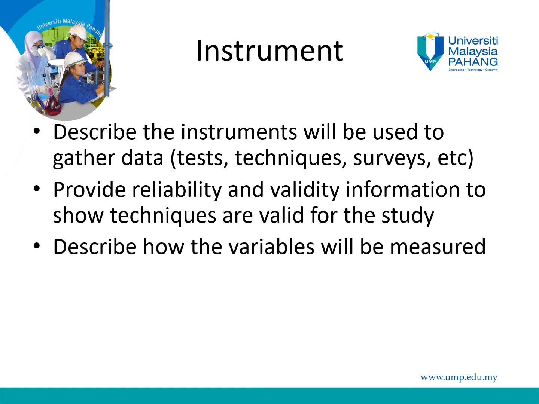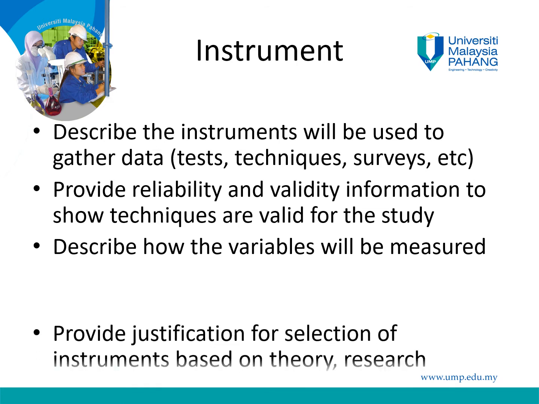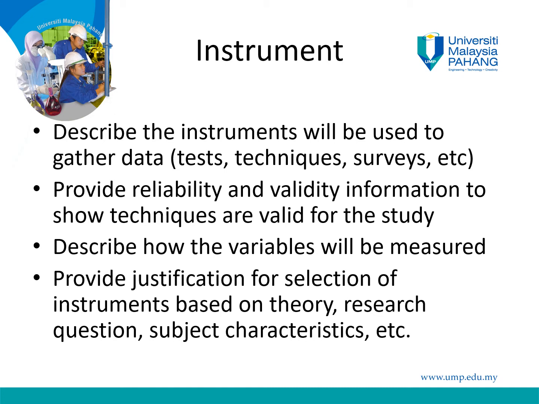And then describe how the variable will be measured using this instrument or the equipment, and provide justification for the selection of the instrument based on theory, research questions, subject characteristics, or also based on references from previous research that you have referred to. So you can use that justification to explain why you use this instrument, or what the justification is for using this equipment to achieve your objective.